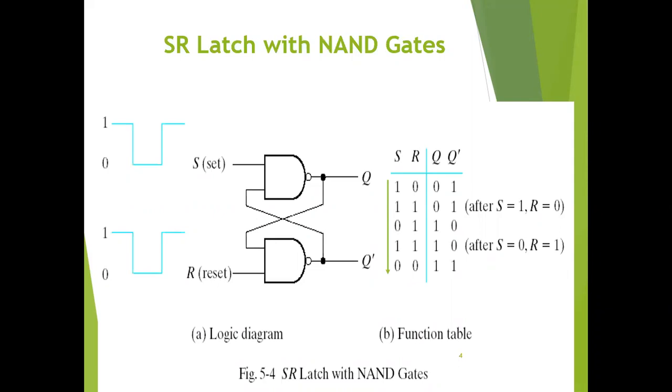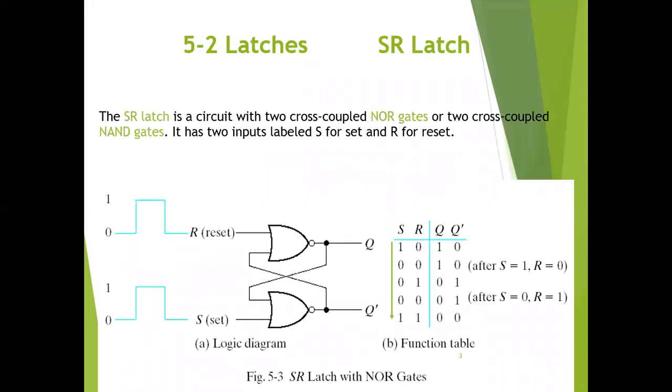It operates with both inputs normally at 1 unless the state of the latch has to be changed. As we have seen previously, when both the NOR gates were cross coupled, and both the inputs are at 0, we have to change the set state from 0 to 1 to change the state of the latch.